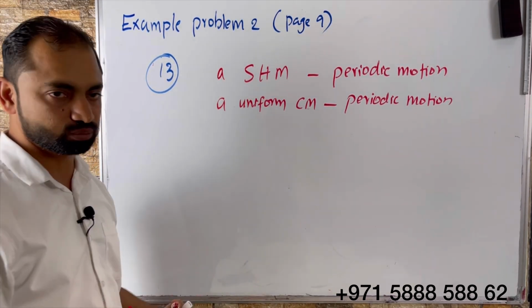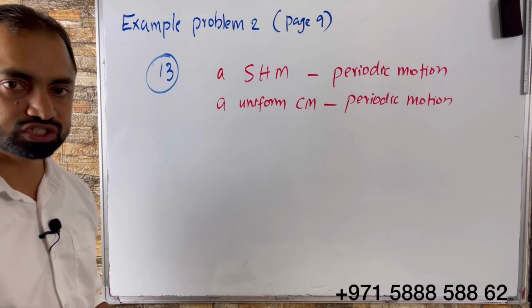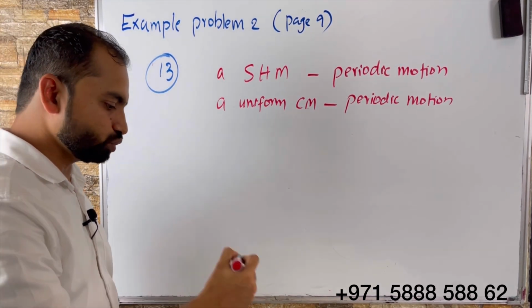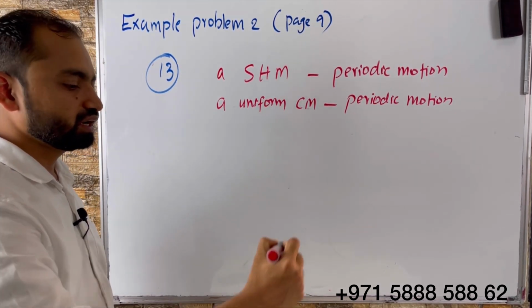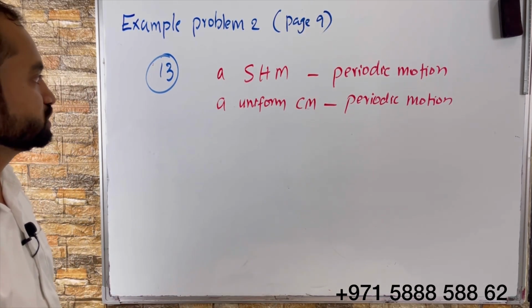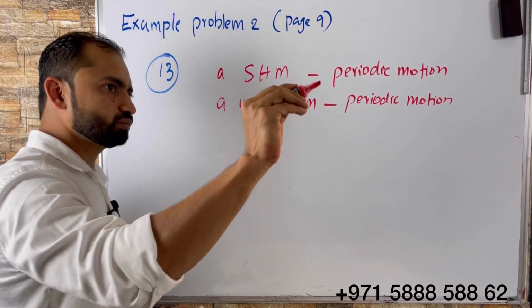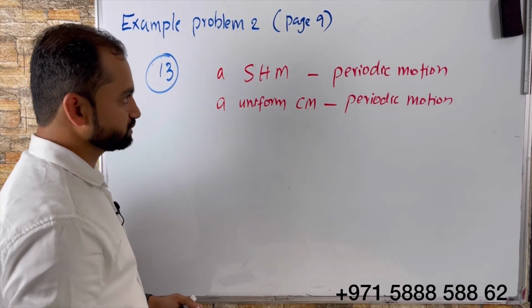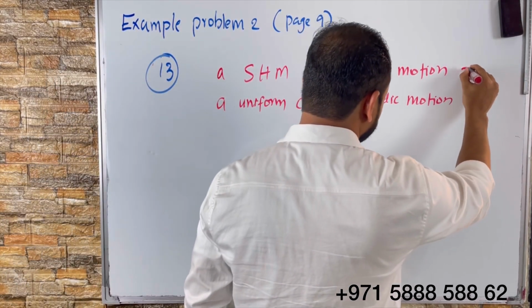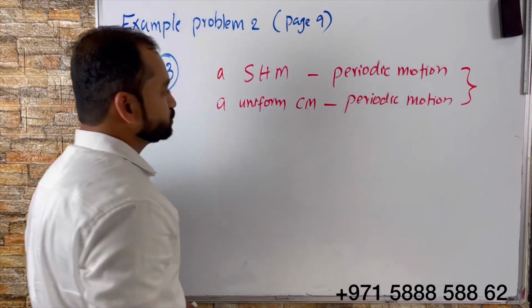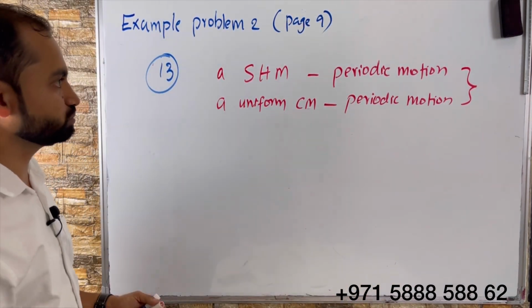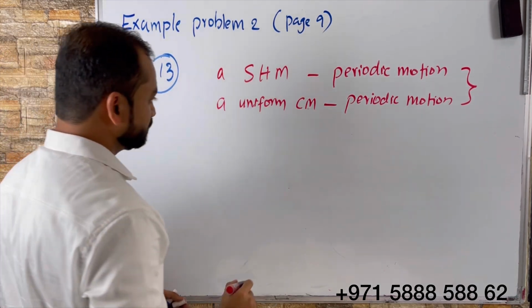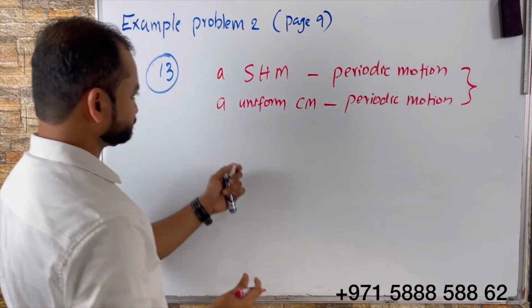Both are periodic motion. A simple harmonic motion is a periodic motion, meaning it repeats its motion after each time interval. A uniform circular motion also repeats its path after equal time intervals. That is how simple harmonic motion and uniform circular motion are related. Both are periodic motion, and now how are they different.